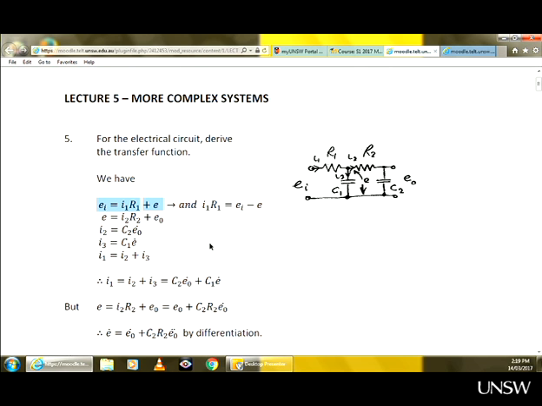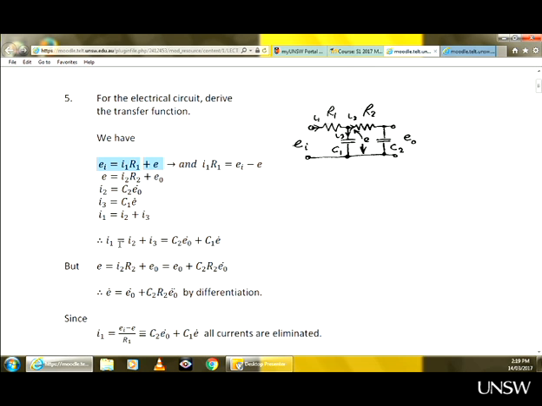OK, now that we have 5 equations and 6 variables, let's eliminate the intermediate variables, I1, I2, I3, and E. First, if I1 equals I2 plus I3, then let's substitute I2 and I3 with EO and E. Now, E from the second equation equals I2 R2 plus EO.